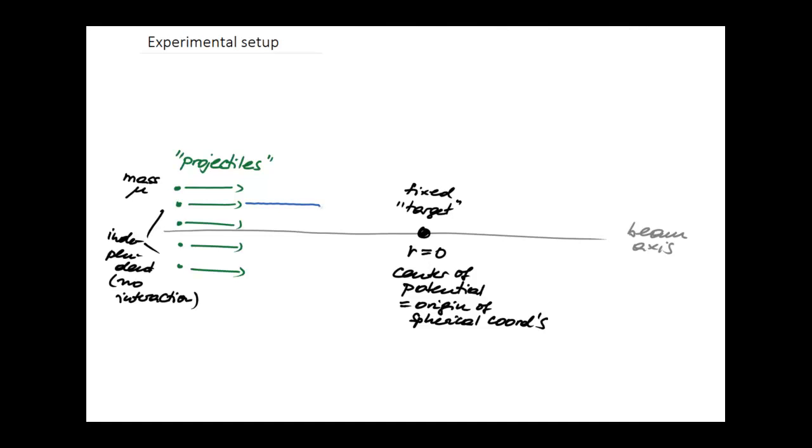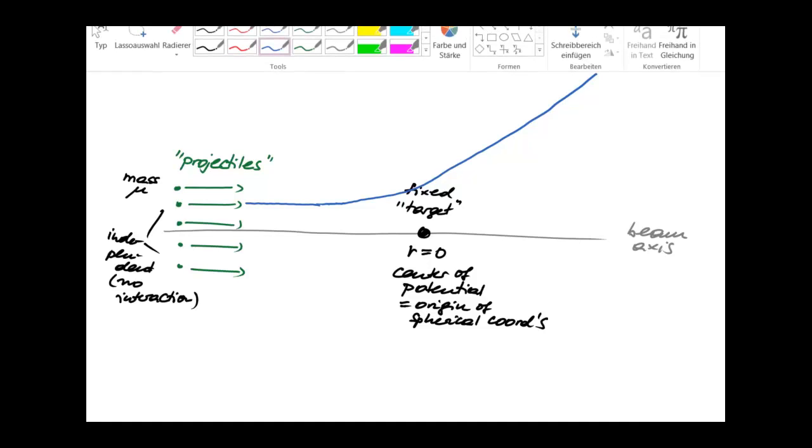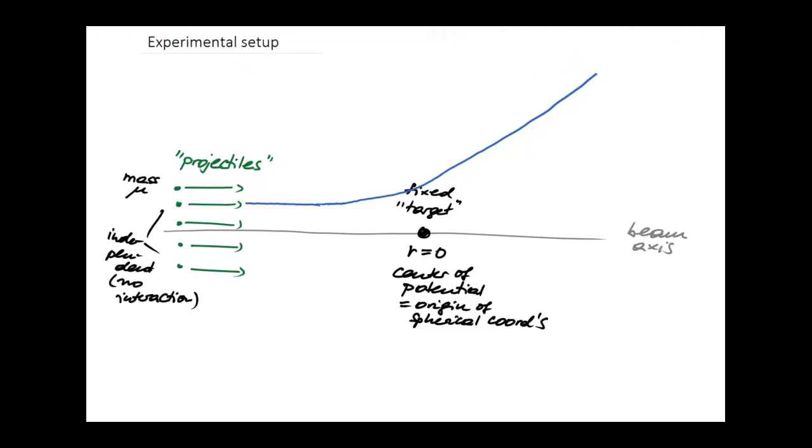Now this projectile will be scattered off the target, the center of the potential. It has a certain distance from the beam axis. This distance we shall denote by S, and it is called the impact parameter.